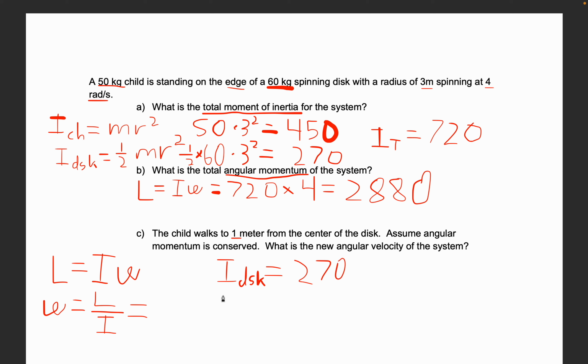The child's moment of inertia, however, is going to change because the child is now only 1 meter from the center of the circle.